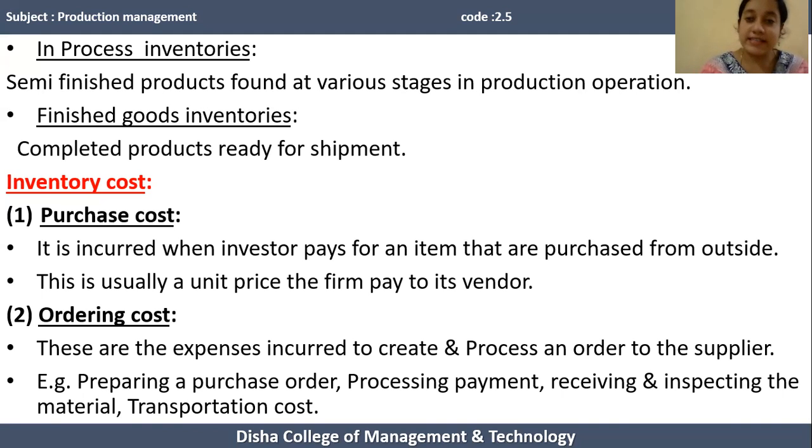The word itself says that purchase cost means the cost that arises by purchasing or buying certain items for manufacturing a particular product. Generally, this cost is incurred when the investor pays for an item purchased from outsiders.